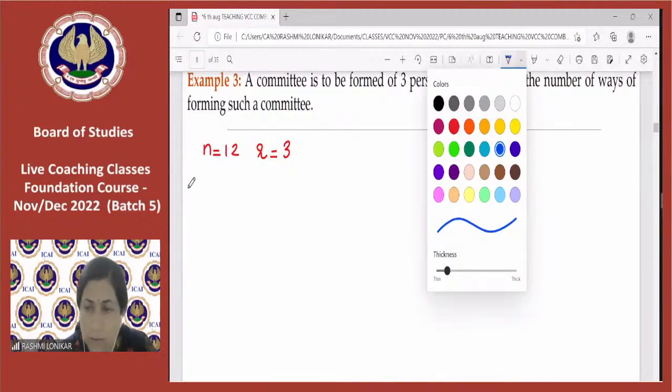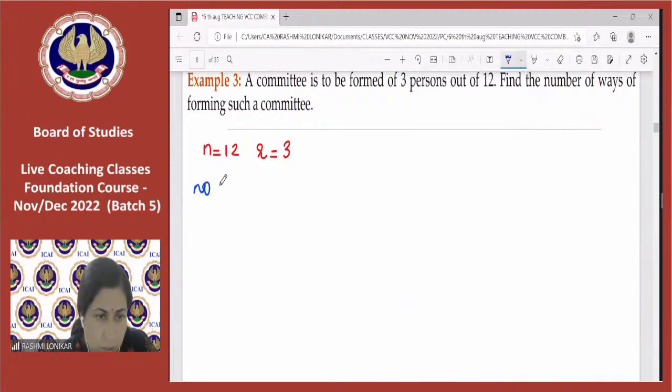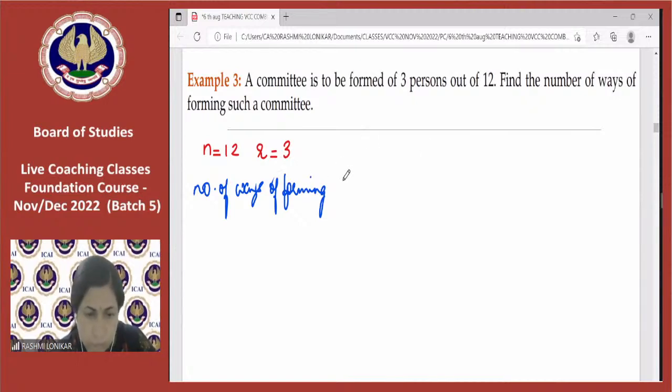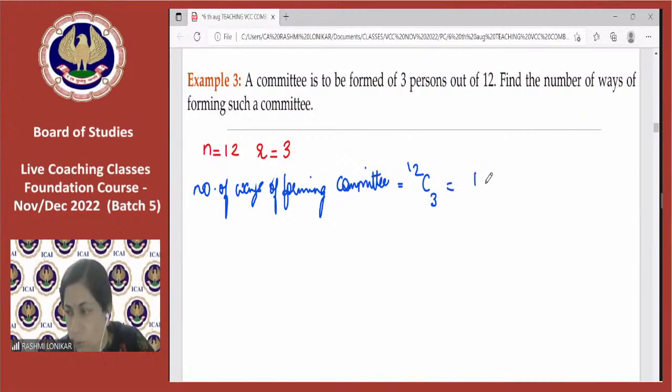So I have number of ways of forming committee is equal to 12C3, which is equal to 12 factorial upon 3 factorial into 12 minus 3, that is 9 factorial.